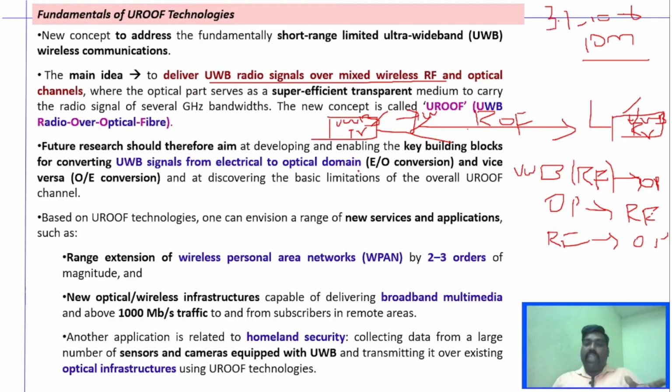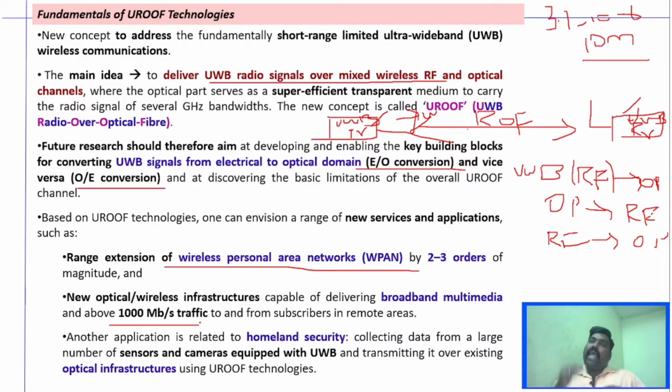And we know that we need electrical to optical conversion and optical to electrical conversion in UROOF technology. And these are the many important services and applications. The range extension of wireless personal area networks by up to 2 to 3 orders of magnitude can be achieved using UROOF technology. Similarly, new optical wireless infrastructure capable of delivering broadband multimedia above 1000 Mbps is achievable in remote areas.